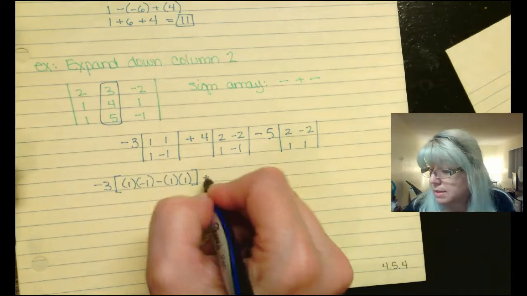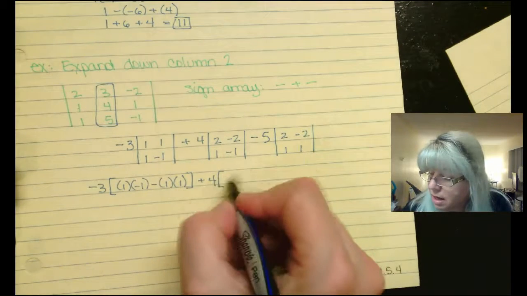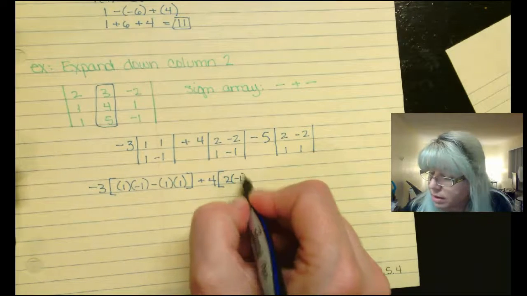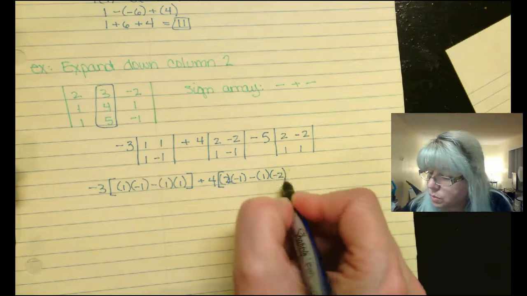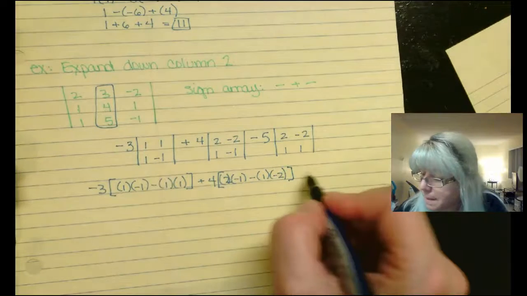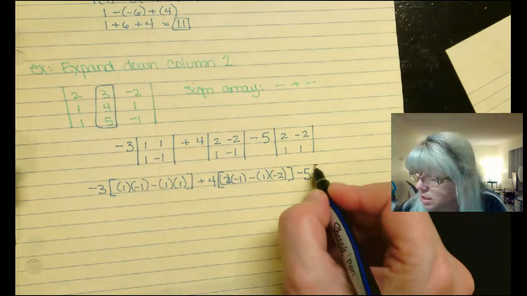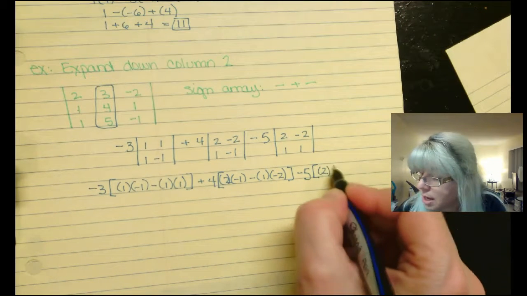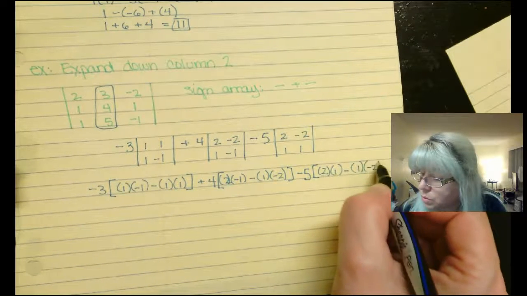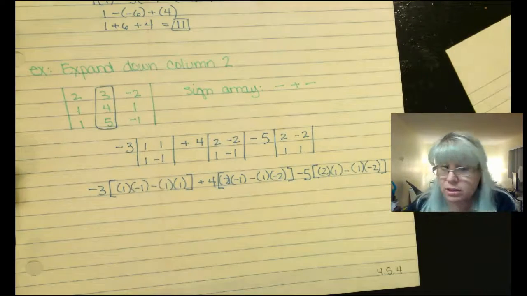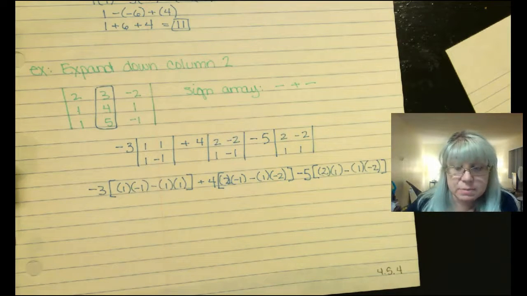Now, plus 4 times its determinant of 2 times negative 1 minus 1 times negative 2, minus 5 times the determinant, which is 2 times 1 minus 1 times negative 2. If you can do this in your head, you can go ahead and do it in your head. I'm just writing down all the steps. I want to simplify this as much as possible.